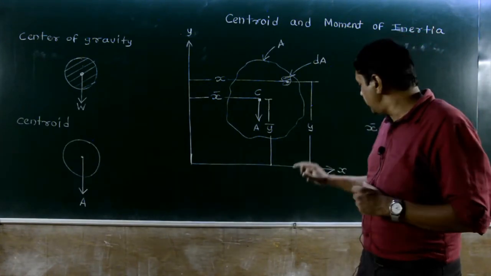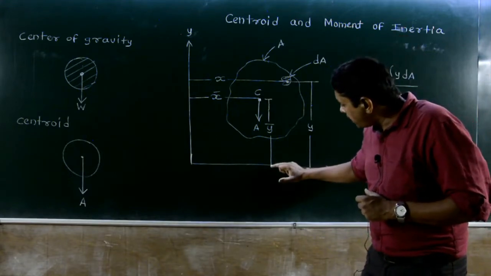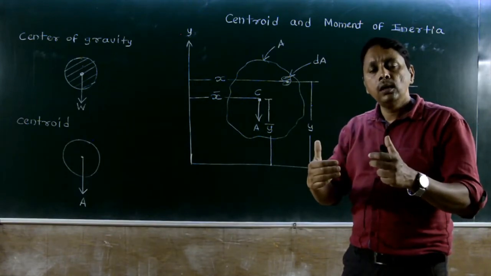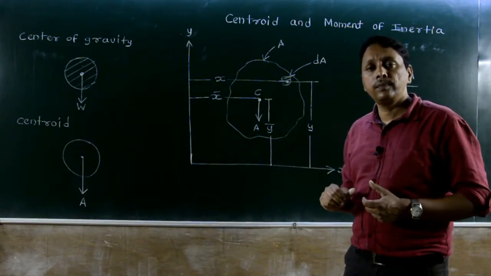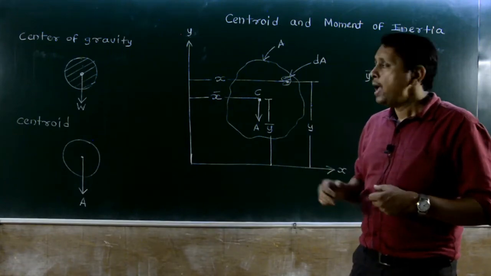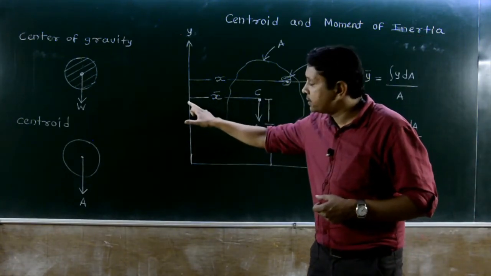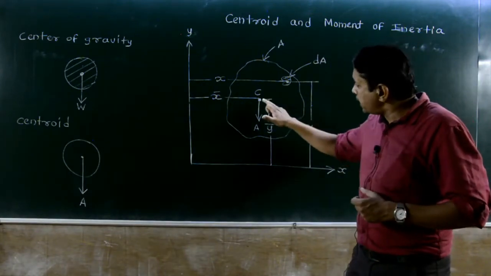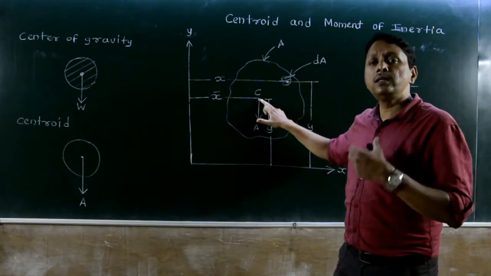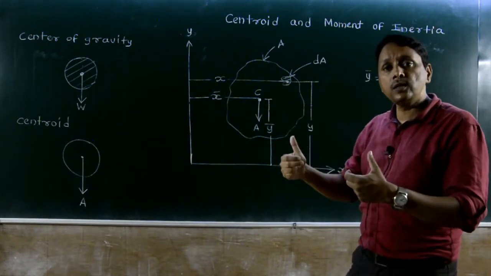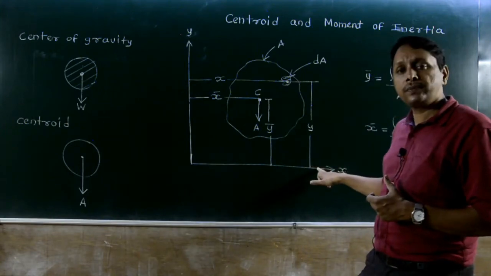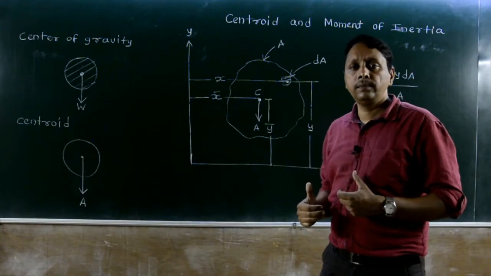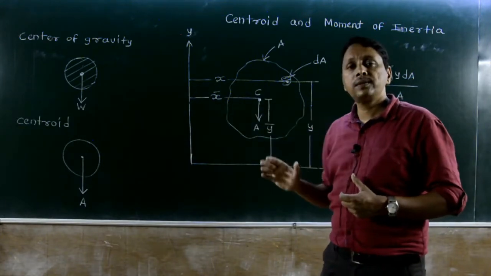So we measure the distance from the x axis, this much, which is vertical, and therefore y bar is its notation. Y bar is the centroidal distance of the plane figure from which axis? Y bar, from the x axis. And the horizontal distance of the centroid from the y axis is x bar.